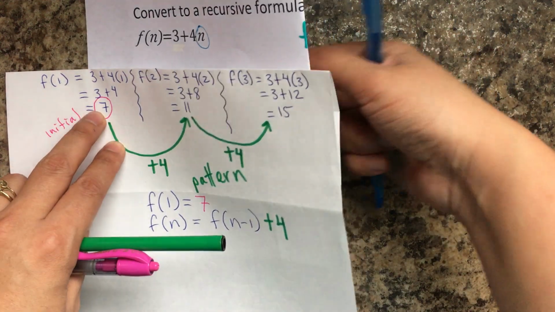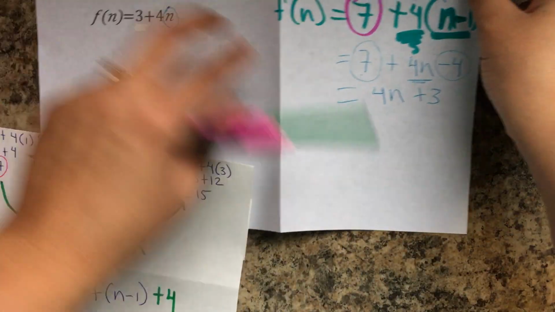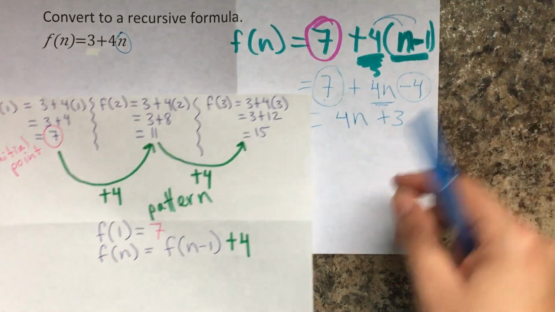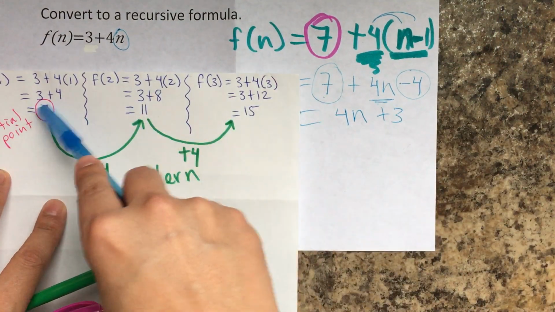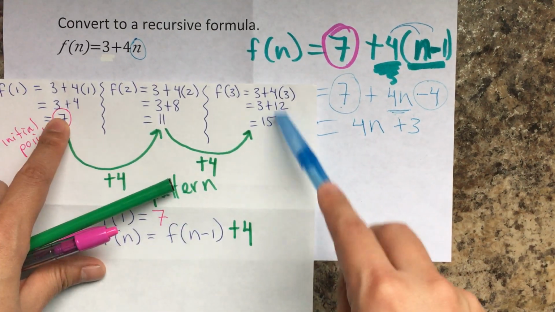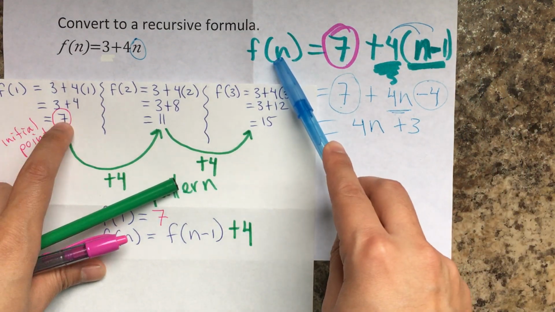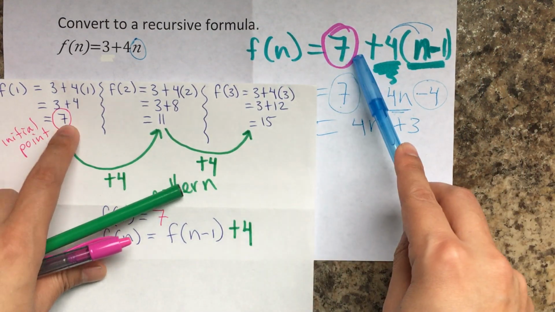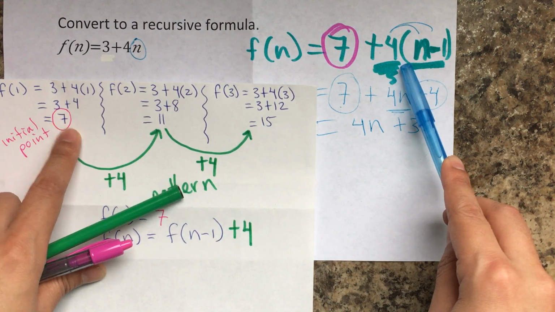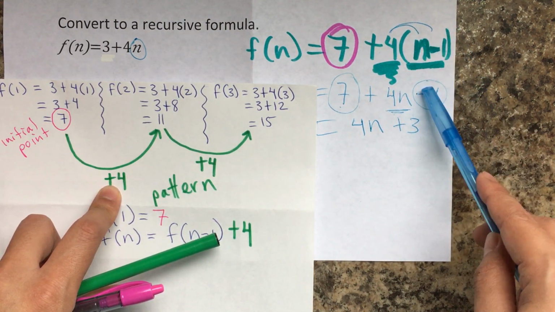Now, what do I have folded in here? Well, it's actually the explicit formula without being simplified. And how did I get it? I can't get it until I do the 3 terms. Why? Because for the explicit formula without being simplified, I have f of n equals initial point, plus pattern, and since it's addition, times n minus 1.